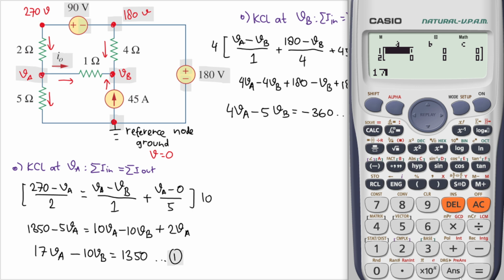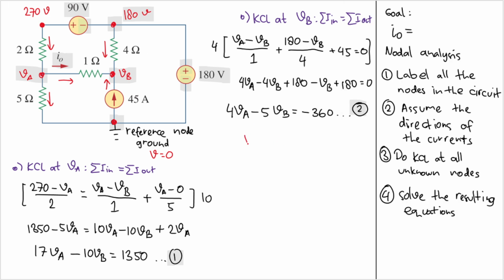So I'll have 17, and then minus 10, and then 1350. Okay, and then we will have 4, then minus 5, and then minus 360. And we will have our VA here, which is 230. So we'll have VA is 230 volt.